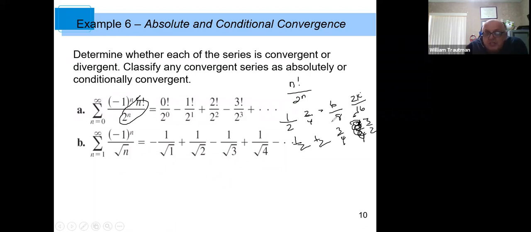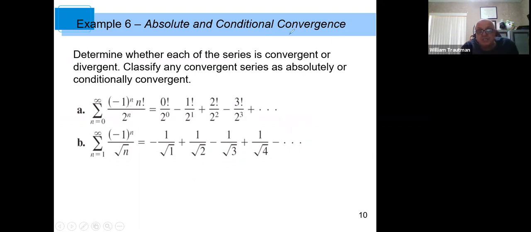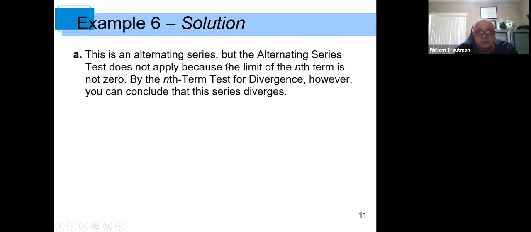Do you see how this doesn't approach 0? It doesn't approach 0. It's getting larger and larger. The alternating series, it doesn't approach 0. Or just looking at a sub n, it does not approach 0. So by the alternating series test, we can say that A diverges.